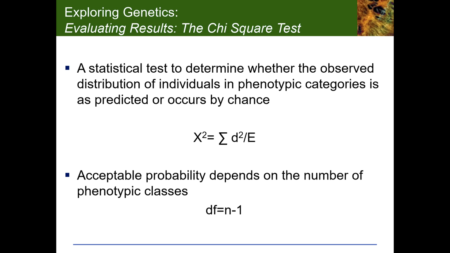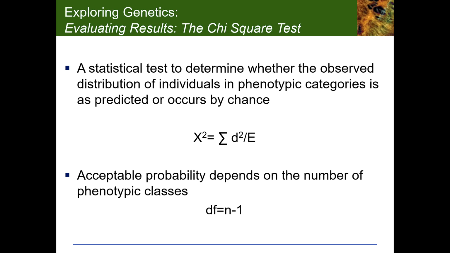So accepted probability will also depend on the number of phenotypic classes. To get that, it's called the degrees of freedom, or DF. It's going to be the number of different classes you have minus 1. So let's say if you looked at 8 different classes, or 8 different phenotypes, it would be 8 minus 1, so the degrees of freedom you would use is 7 when you go to apply it on the chart.